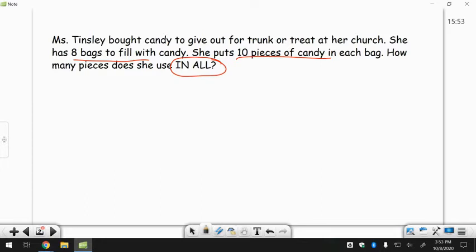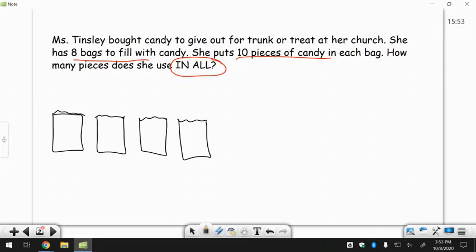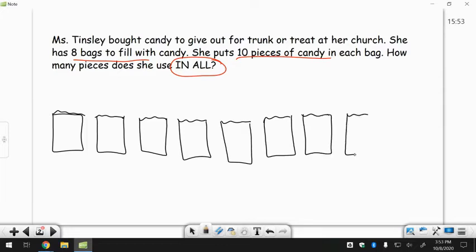Count with me if you please. 2, 3, 4, 5, 6, 7, 8, 9, and I'm going to put my 10th bag down here because I don't have any room.